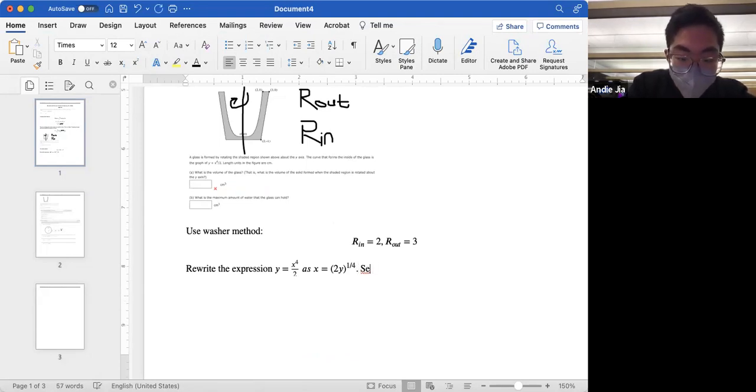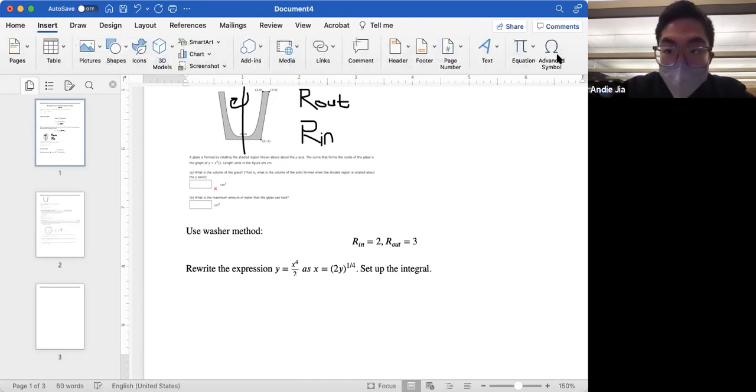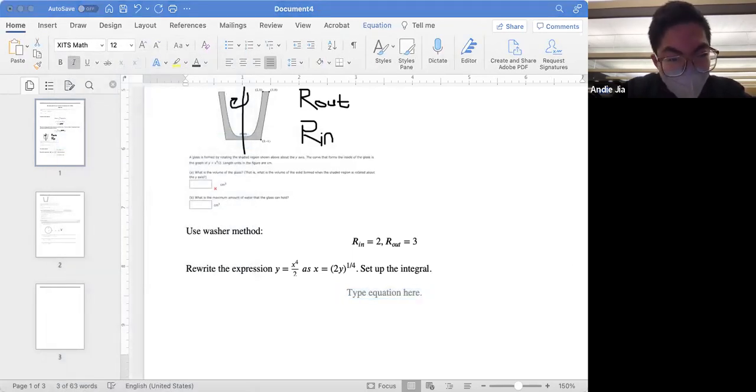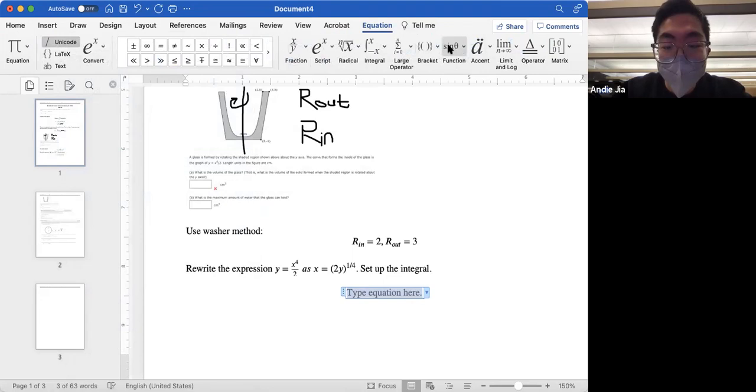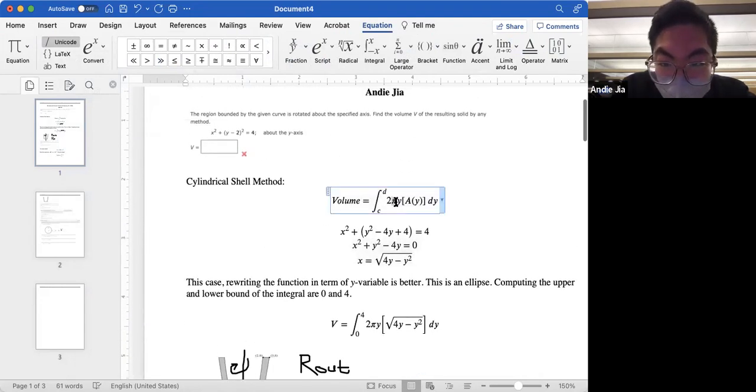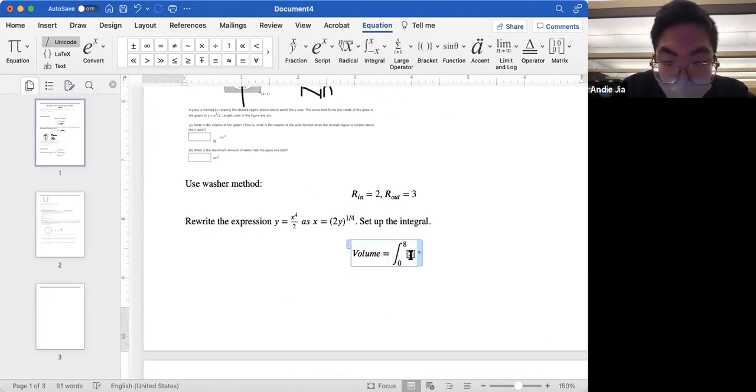Set up the integral: 8 is the upper bound and 0 is the lower bound, with pi times the radius squared.